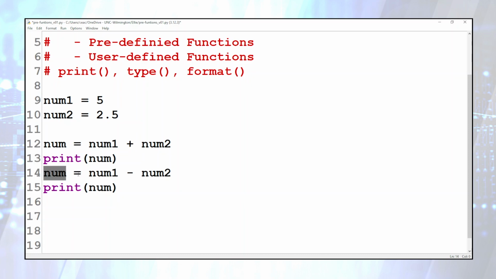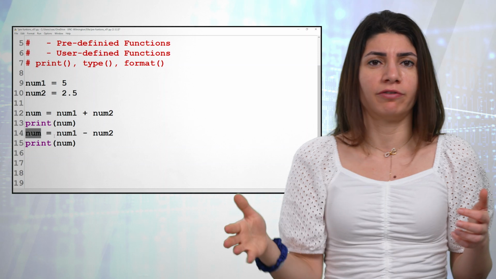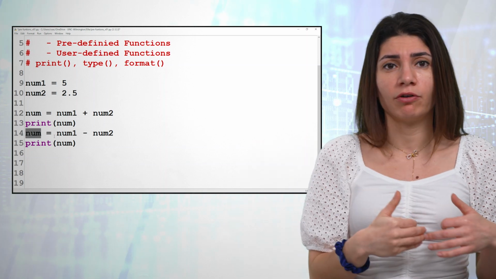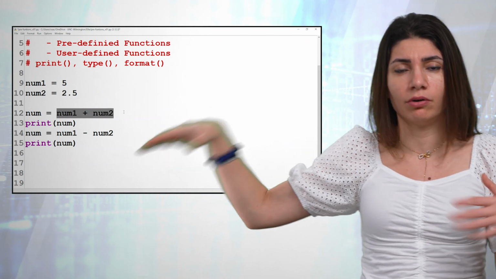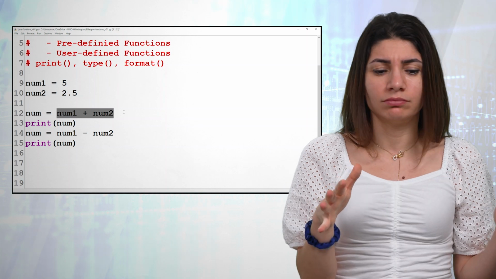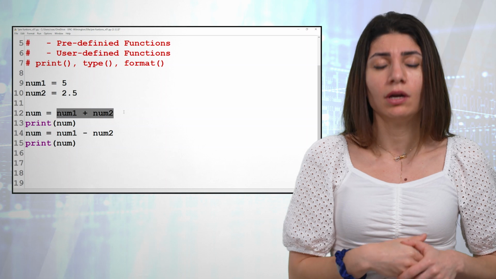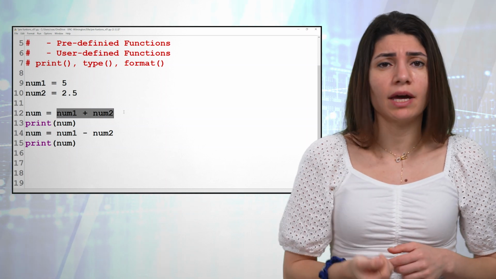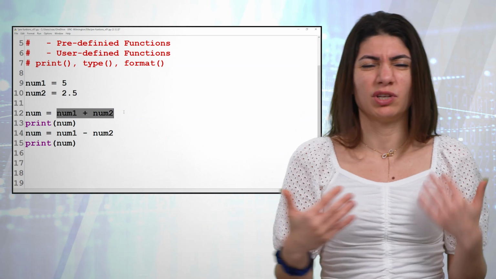If you don't need to keep track of num, you can use just one bucket, do all of your calculation, put it inside that bucket, and reuse that bucket for different things. But if you need to keep track of that value, let's say you want to use the result of addition later on in your code, then make sure you have a unique identifier for it. In this case, I don't need that identifier later on in my code, so I just reuse that bucket as I go to have fewer variables to keep track of.